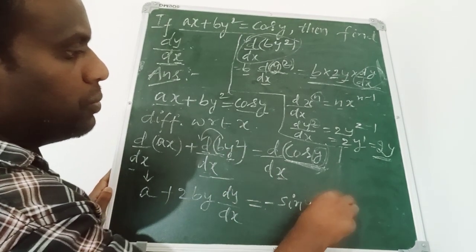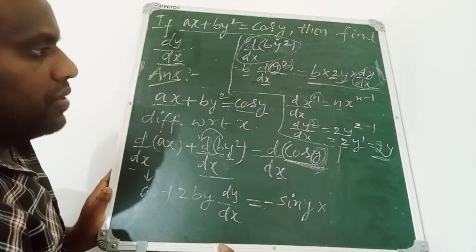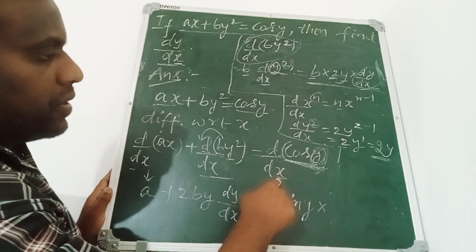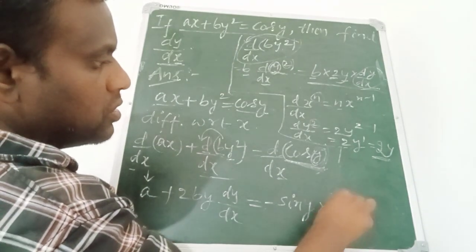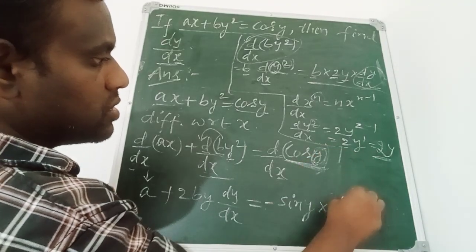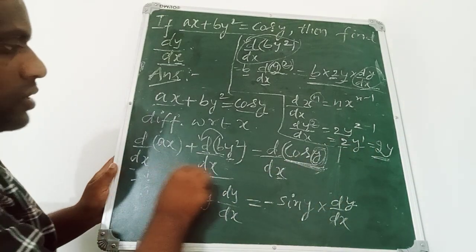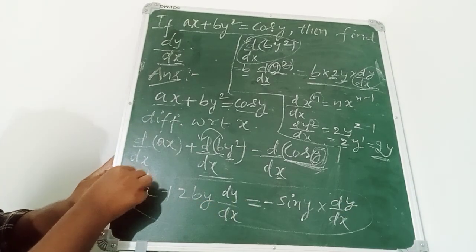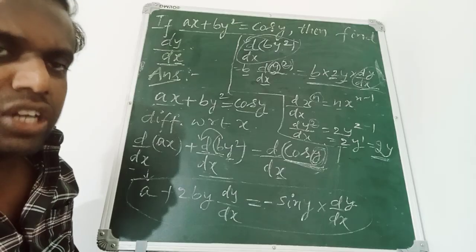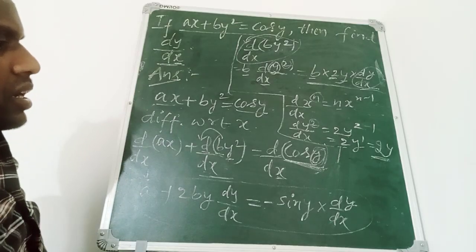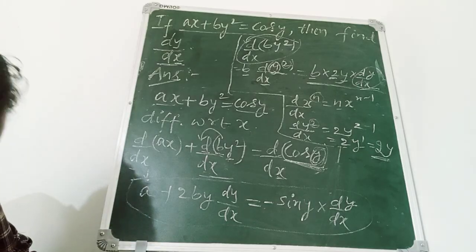Next you have to put into, because there is another function y, and we have to differentiate this y with respect to x. So you write d by dx of this y. Okay, so now we got this much. This is not the final answer, still we have to solve. I will show in the back side of the board.